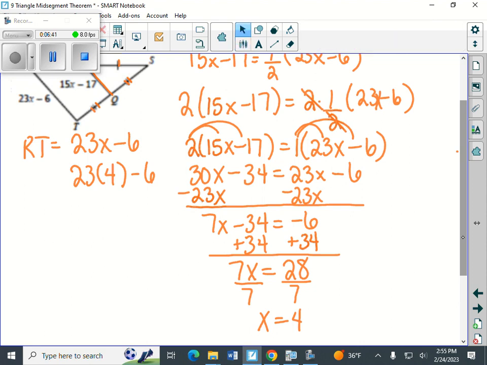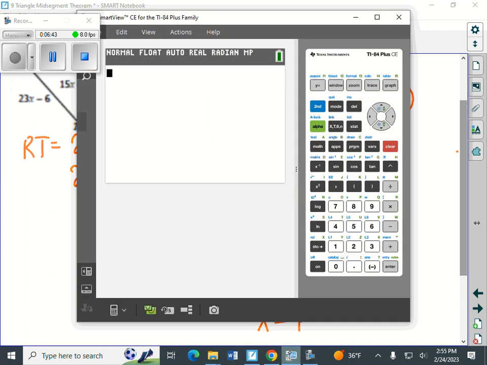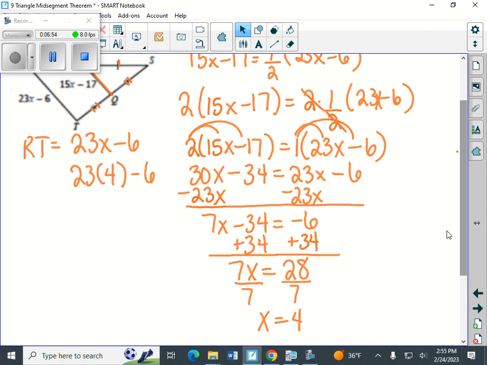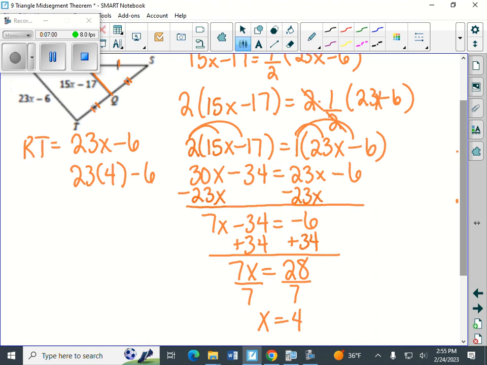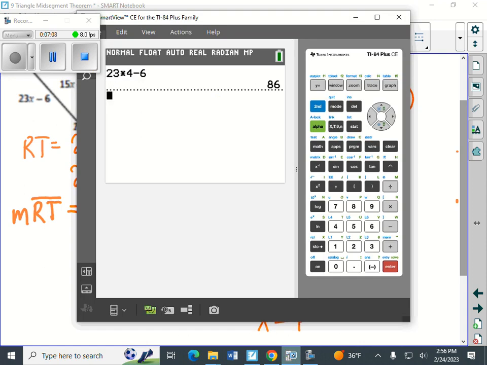Use your calculator. 23 times 4 minus 6 gives us 86. So when we flip back here, the measure of RT is 86.